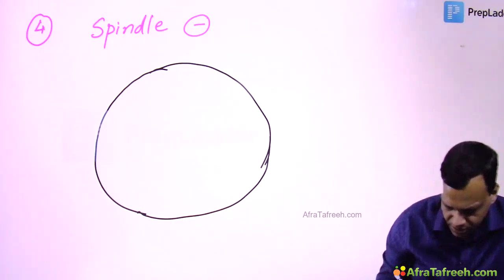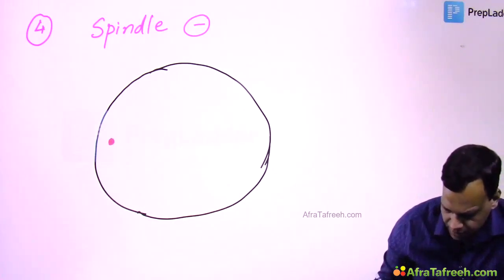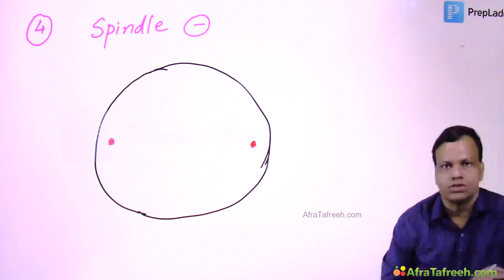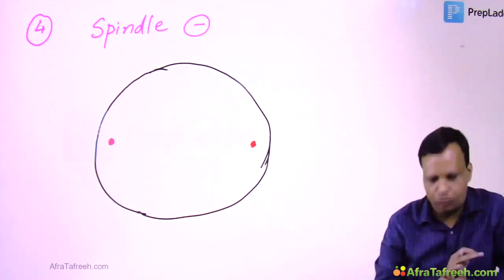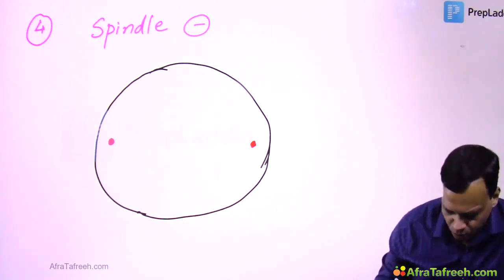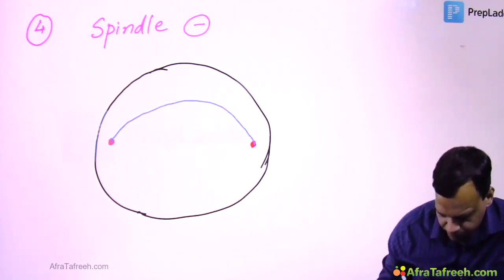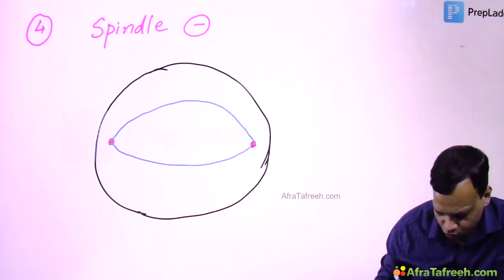So what happens? The centrioles present in the cell arrange at 2 different poles, and over these centrioles there is formation of a spindle. A spindle is produced over these centrioles.